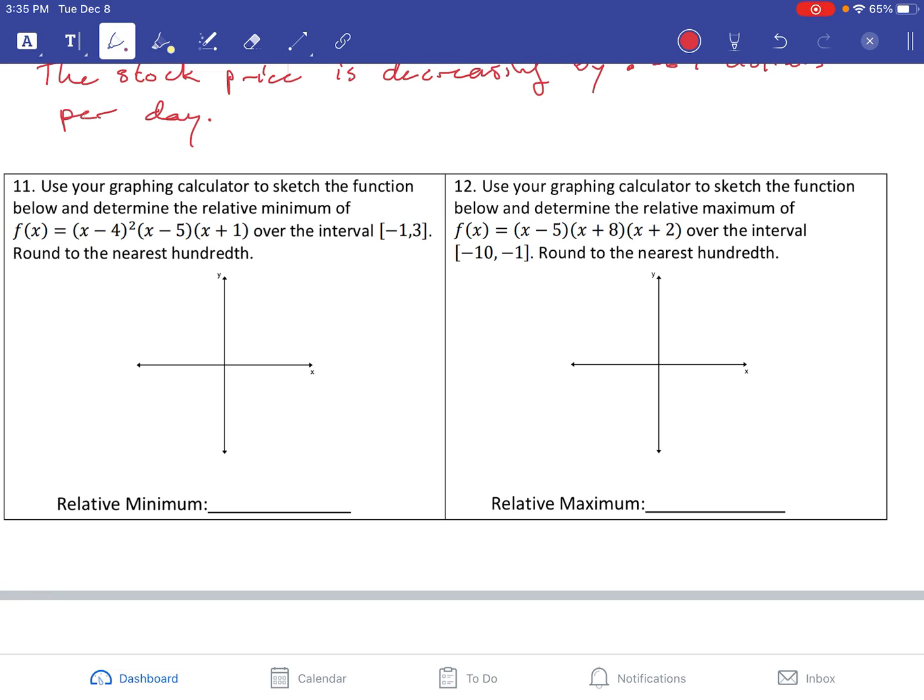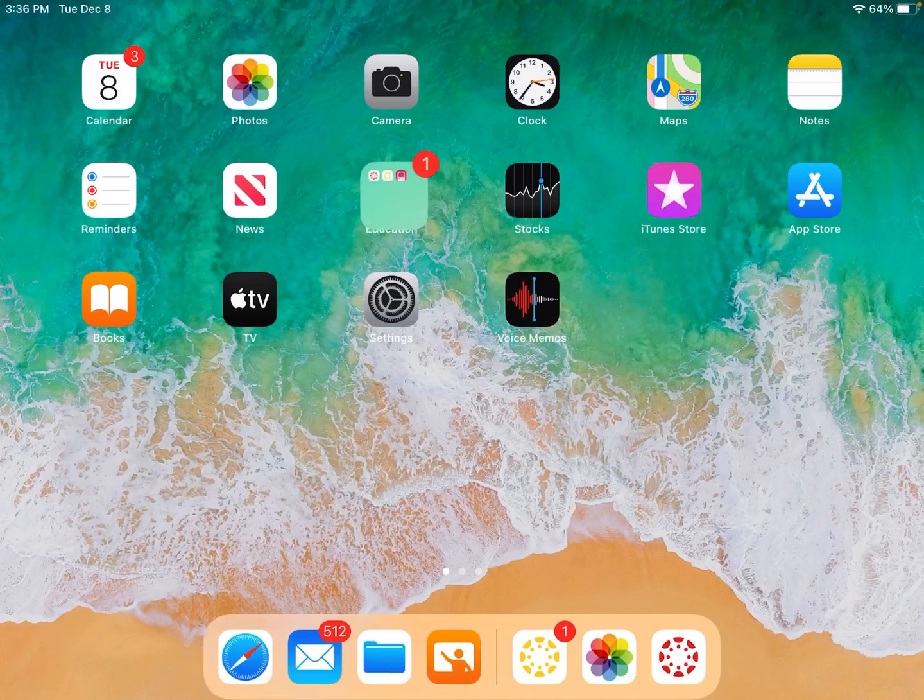Now you can do this on your own iPad because you have the TI-84 app on your iPad, or you should have it. If you don't, please go to the App Service Center and download it. It should be free. It's already given to you guys. Okay, so let me change this out. Oh, I'm sorry, there it is.